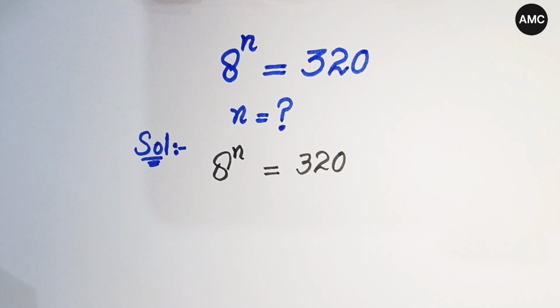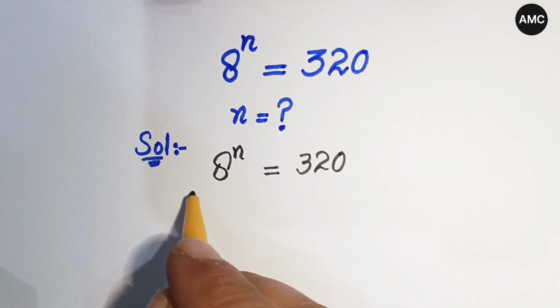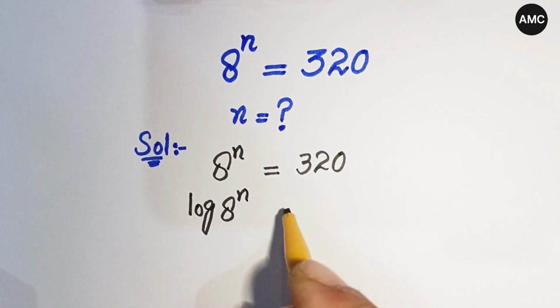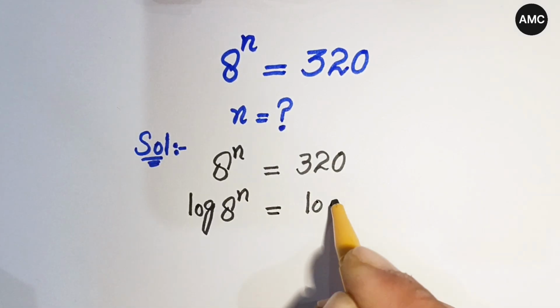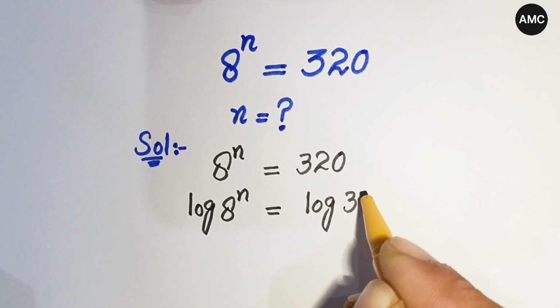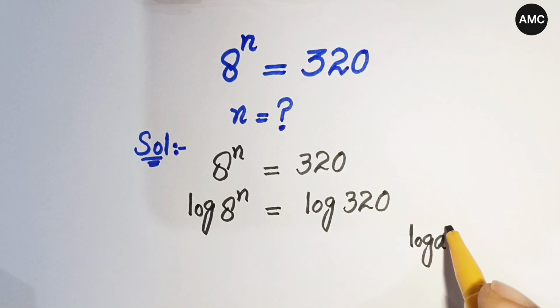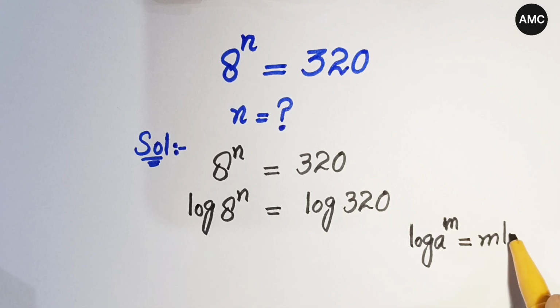Now if we take log on both hand sides, so here log a to the power n is equal to log 320. On the left hand side we can apply the logarithm law, as we know that log a to the power m is equal to m log a.